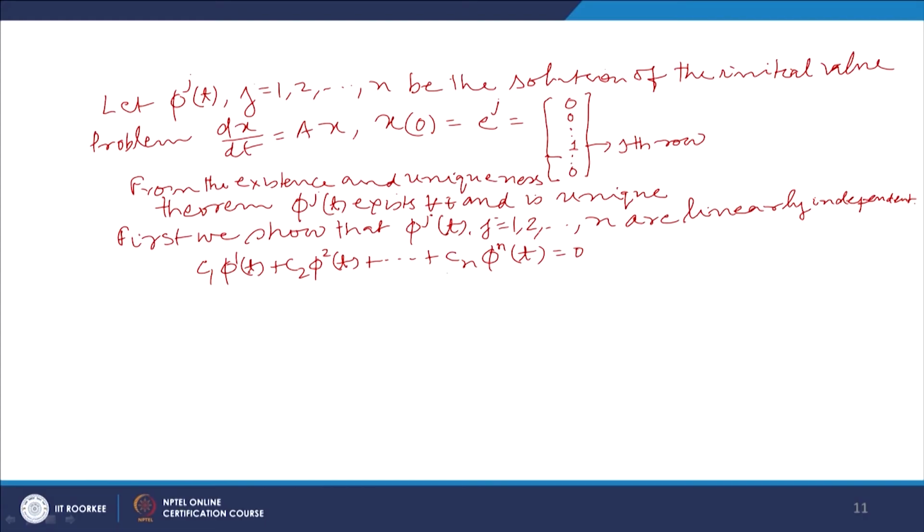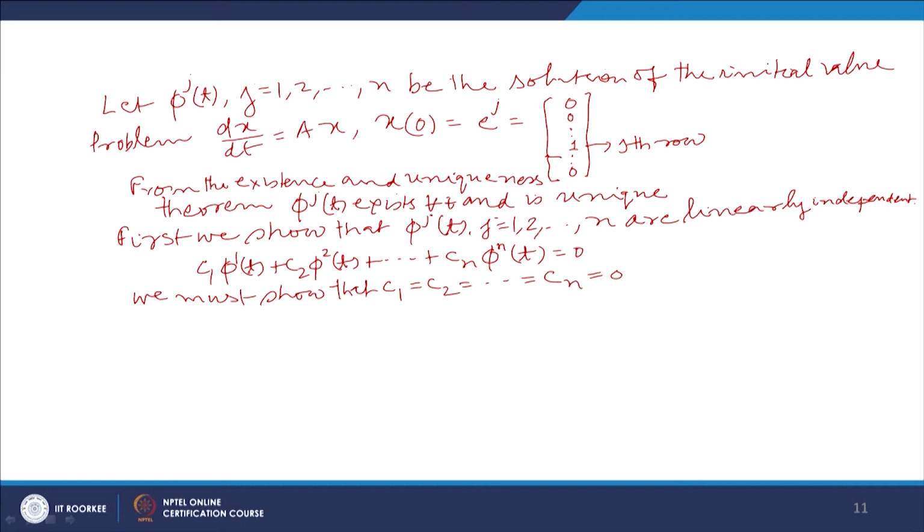If we want to show that phi 1 t, phi 2 t and so on phi n t are linearly independent, then we must show that C1, C2, Cn are all zeros.